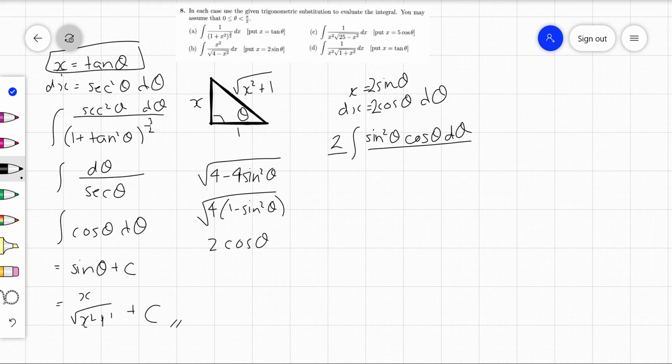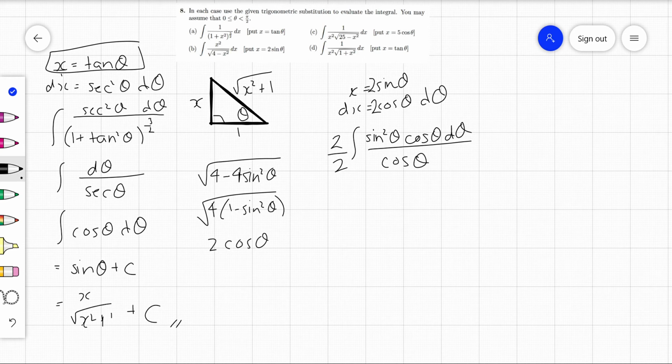So 2 can come out the front, and I've got cos theta there. So what have I done? Square root of 4 is 2, so now I should have a 4 out the front, shouldn't I? Yep.